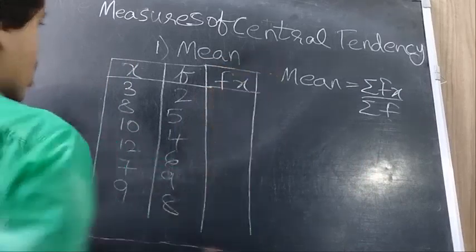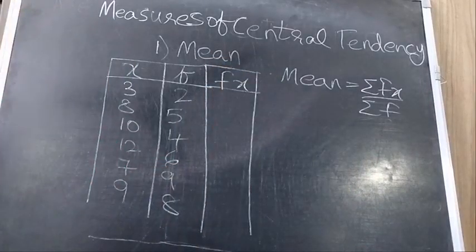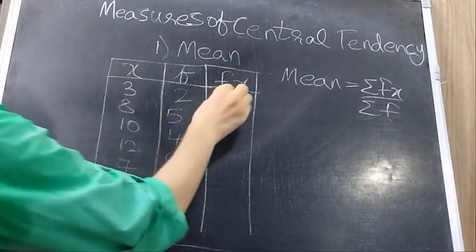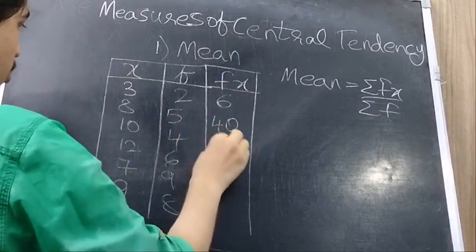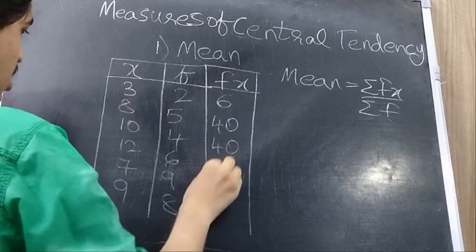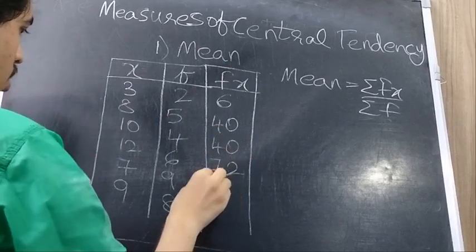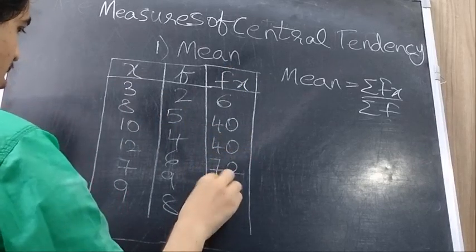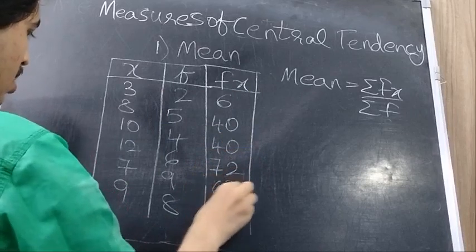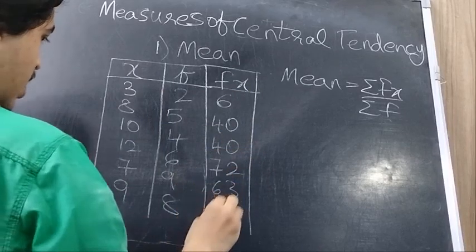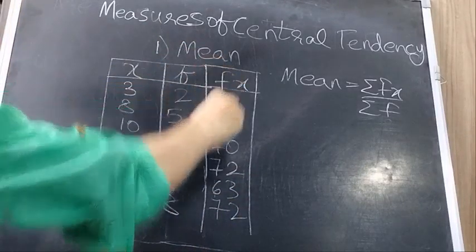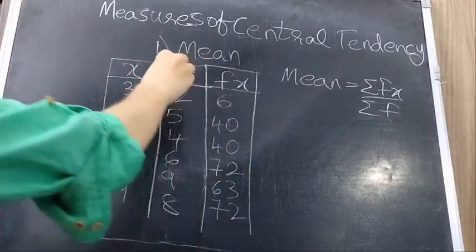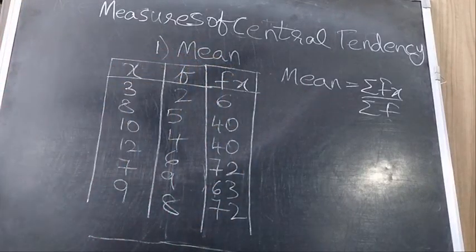So first we have to find the fx. So first 3 into 2 is 6, and 40, and this also 40, and it is 72, and this also 63, and this one is 72. So here we have to find sigma fx, means sum of all these terms, and sigma f means sum of all the terms in the f.